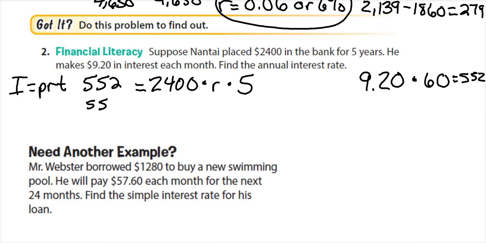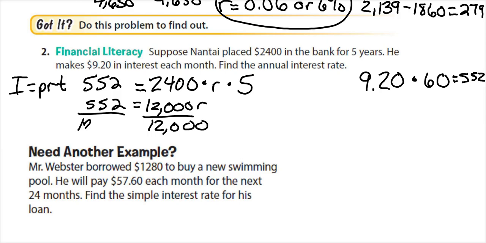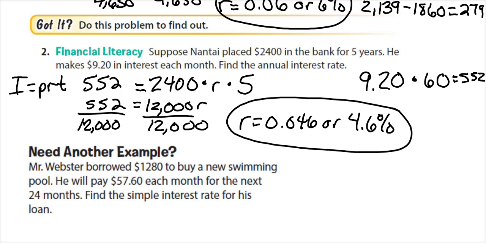So 552 equals 12,000 R. We divide by 12,000 and we get 0.046. So R equals 0.046, and then we change that into a percent, so we slide over 2 places, which makes it 4.6%. And there we have it.